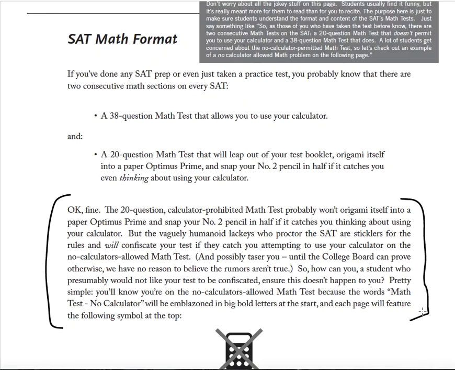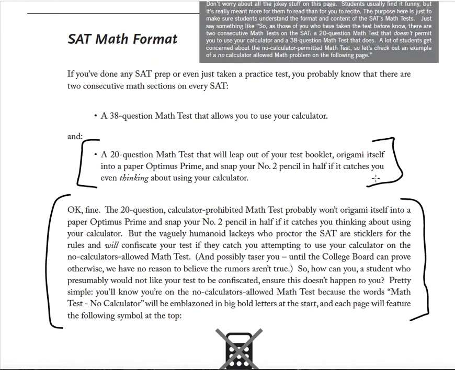The first of those two math tests is actually the 20 question test, okay? The 20 question test is a non-calculator permitted test, which is really important that students know that. And then after that, students face a 38 question test, which is calculator permitted. This is a departure for the SAT.